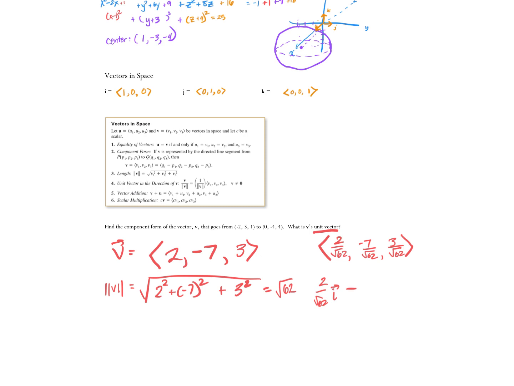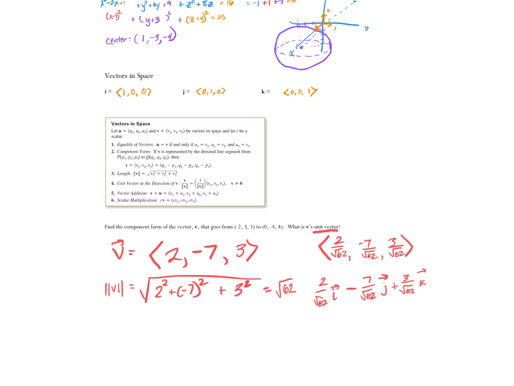So we could also write this in that linear combination form, and those two things are equivalent. Do we need to write one of them, or which one would you rather?